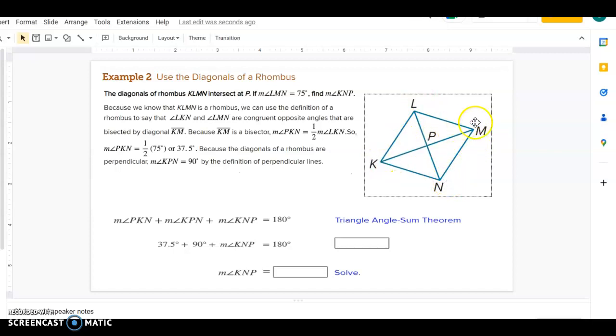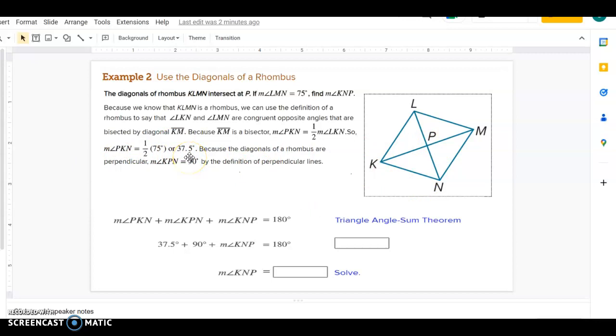So this angle and this angle equal each other, and they're bisected by KM. So that one cuts it in half. Because KM is a bisector, PKN is half of what LKN equals. So the angle PKN is 1/2 of 75, which equals 37.5.